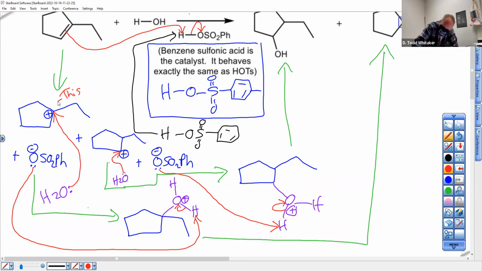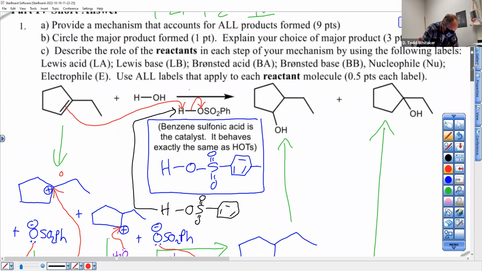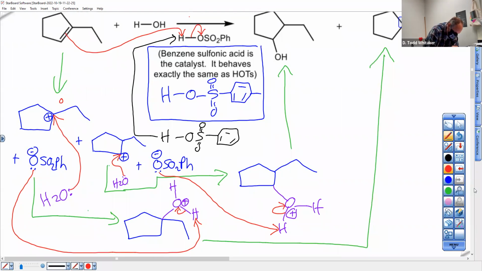I don't want to use an arrow here. We have to write what forms faster. This is my explanation for C or B. There's no explanation needed about Lewis base or nucleophile here. It's B, because this tertiary carbocation has more, here's the big H word, hyperconjugation.